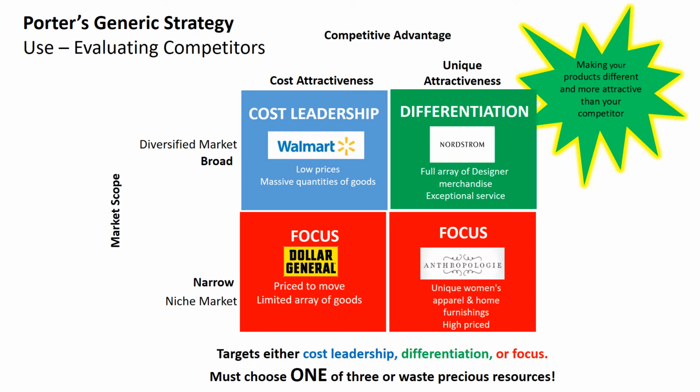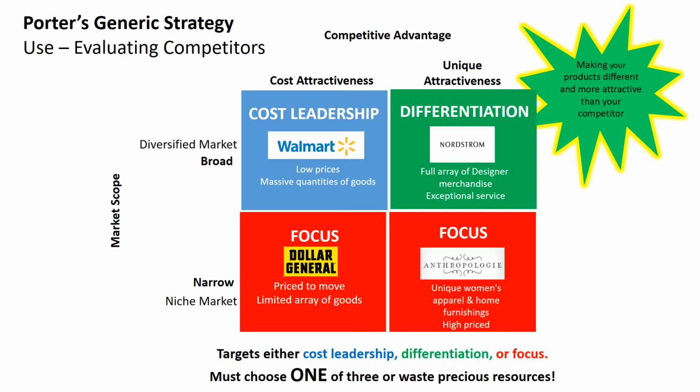With Michael Porter, we again turn to his theories on competitiveness, and this time with the generic strategy where he, like BCG and Ansoff, presents a 2x2 table, but the variables being market scope and competitive advantage. In market scope, you range from a niche player like Dollar General to a company who targets a more diversified or broad market like Walmart.